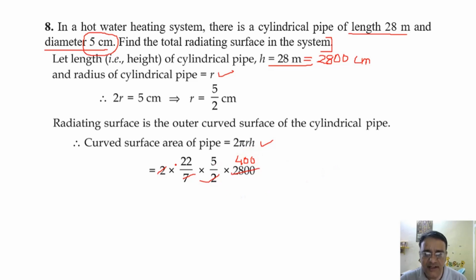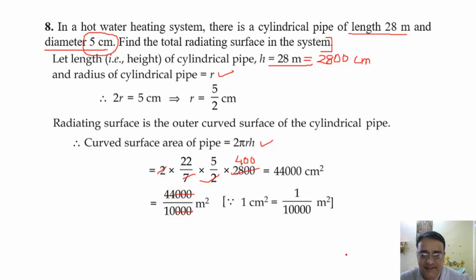So we are getting 44,000 centimeter square. Now how will you convert it into meter square? Dividing by 10,000. So what is the answer? 4.4 meter square. This is the final answer.